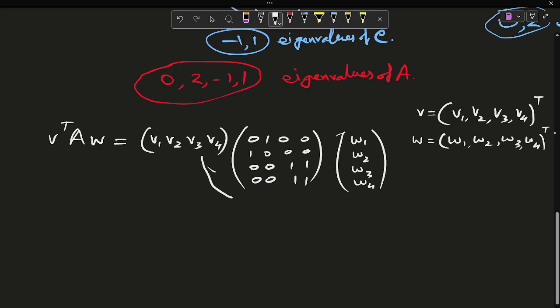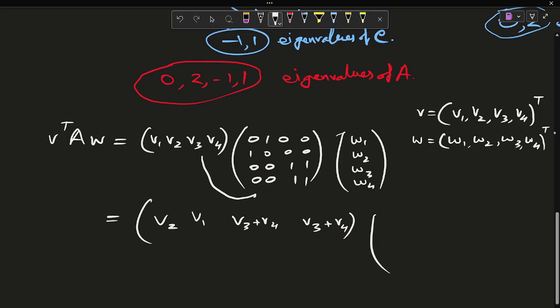Taking these two, we will get V2, V1, then V3 plus V4, then again V3 plus V4.